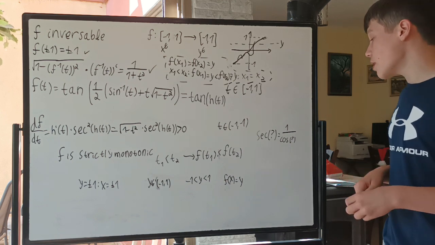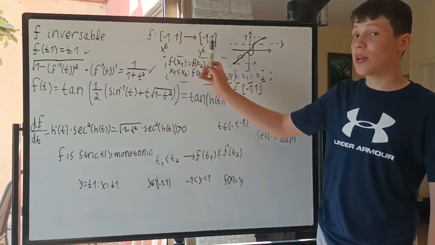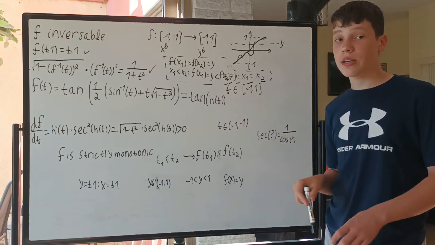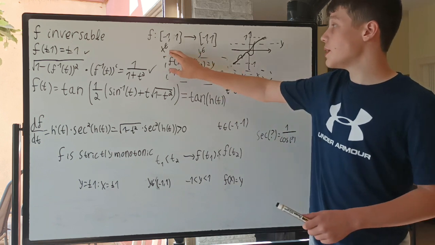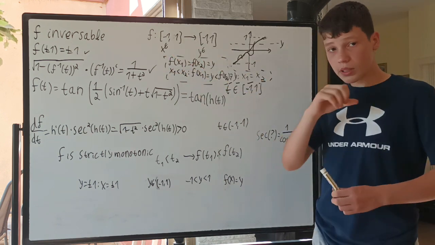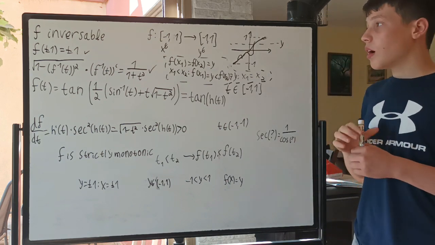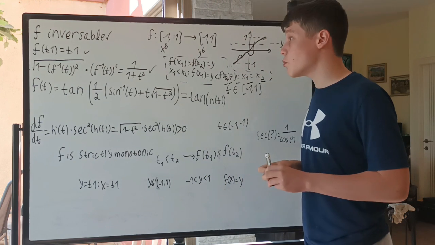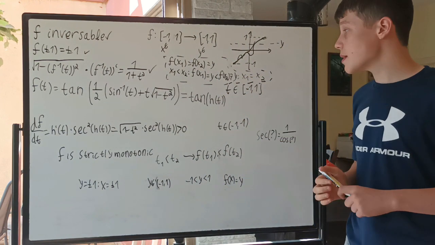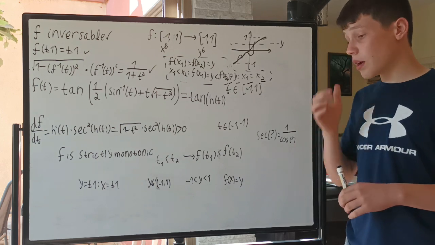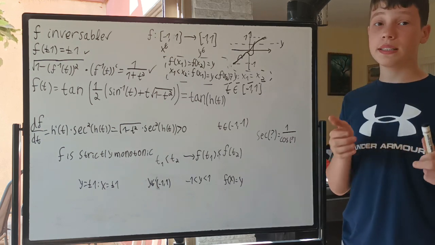So we've shown that each y corresponds to an x, and we've shown that each one of these x's is unique. So in other words, a unique x corresponds to a unique y, which is the definition of invertible. So we've shown all our requirements that are mathematically needed.